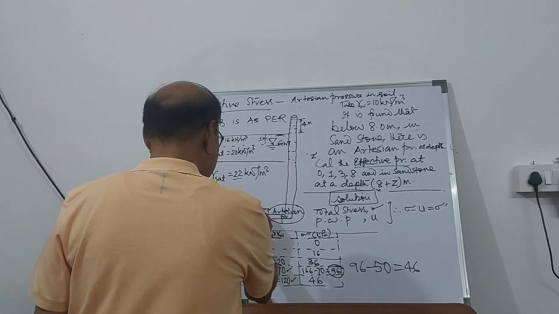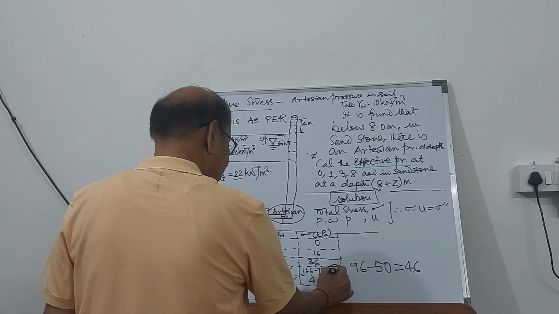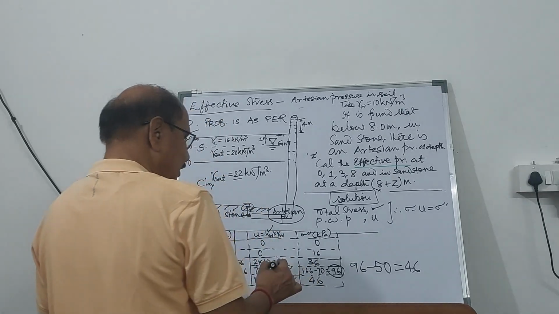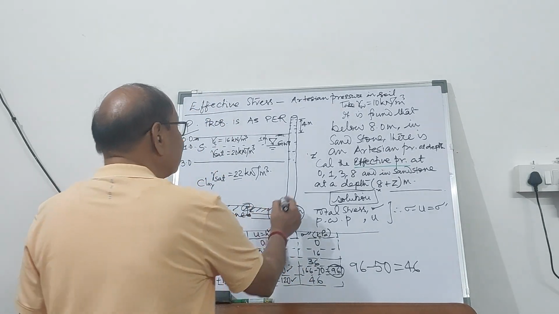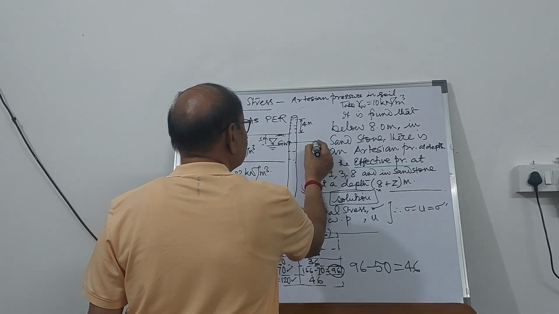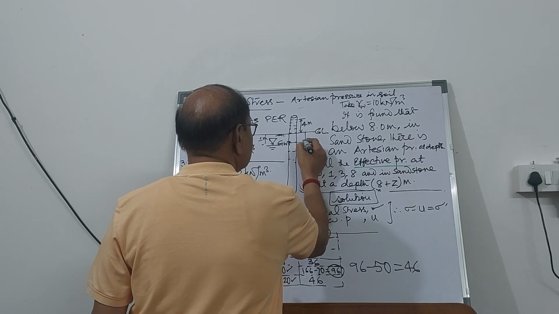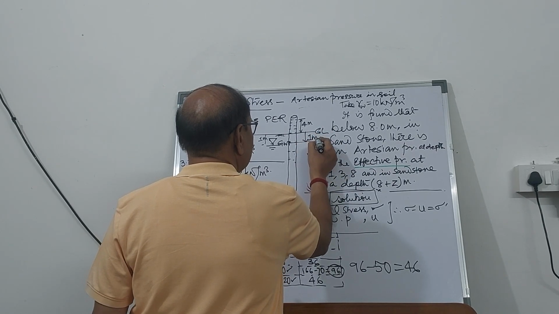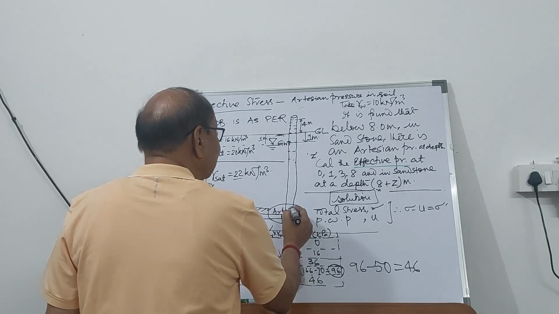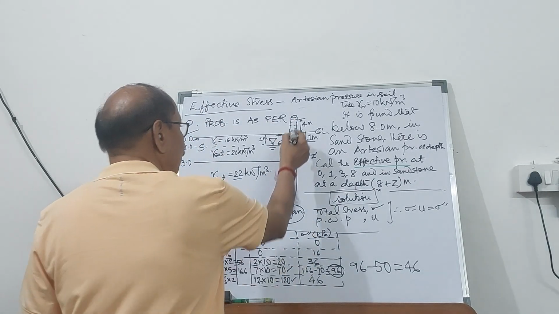So effective pressure was 96. You can see here, just above this, it was 96. Just below that, because of the Artesian pressure, the pressure has shot up. The groundwater table is here, 1 meter below the ground level. But just below that, because of the Artesian pressure, the pressure has shot up by 5 meter, 4 plus 1.